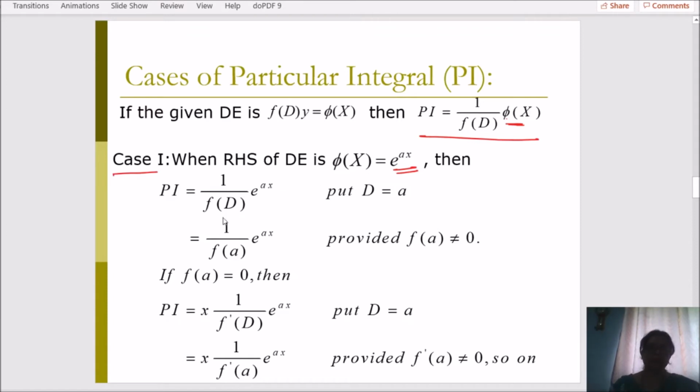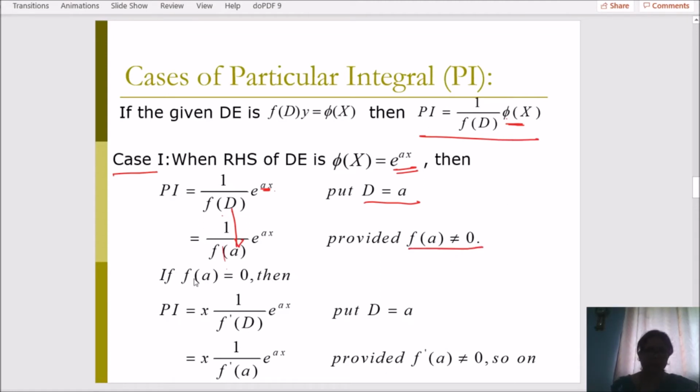Now 1 upon function of D into e to the power ax, then we substitute D equal to a. That means here D in the function is replaced by a. Then 1 upon f of a into e to the power ax, provided the value of this f of a is not equal to 0.